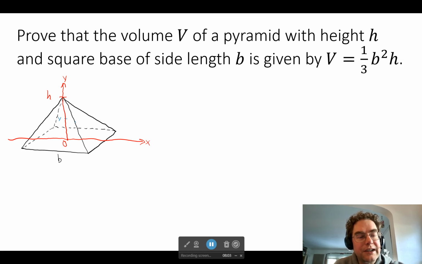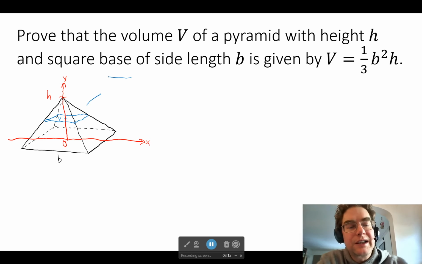And then the cross section that we're going to get is going to be like this. Again, maybe a little hard to tell from the angle we're viewing this at, but that's going to be a square, right? Let's turn it sideways so we can see it a little better.